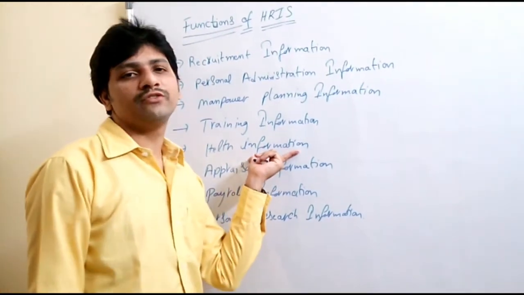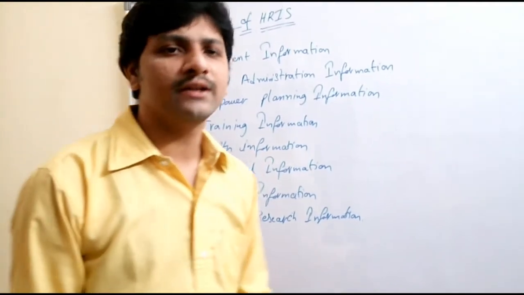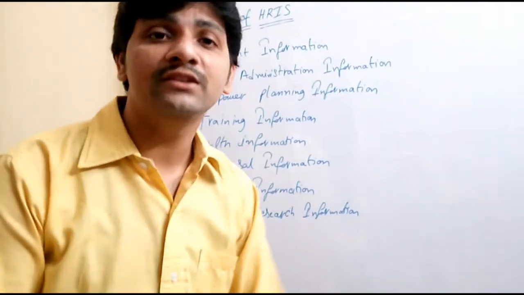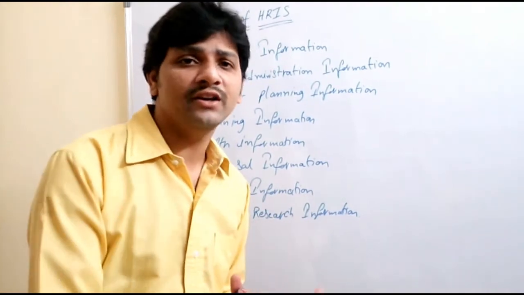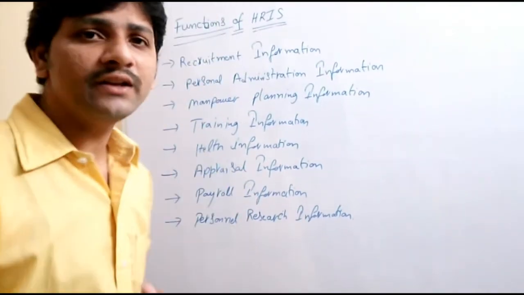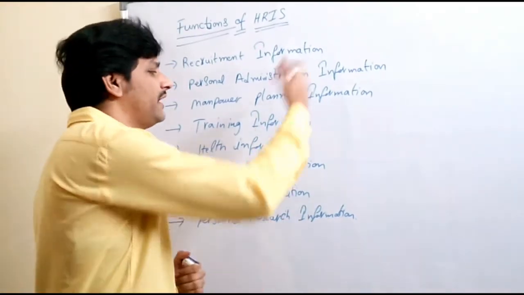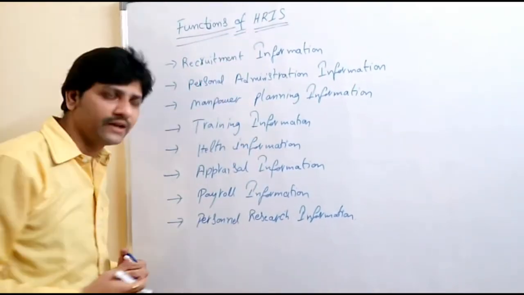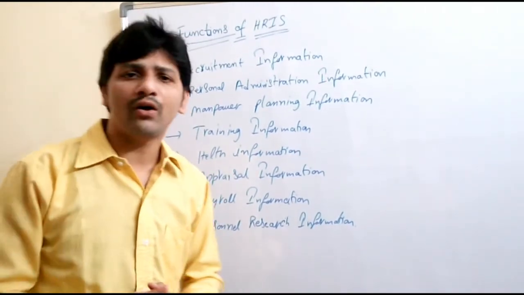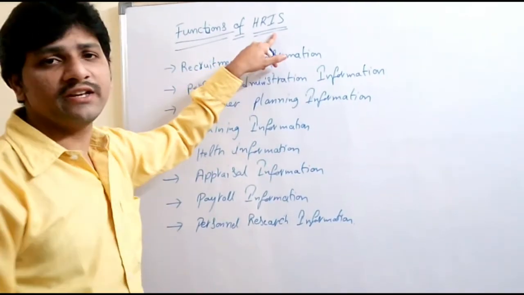Next, health information. Each and every employee in a particular organization maintains some health policies, and health issues will be there. So they are maintaining some health policies. The organization itself is maintaining the health information regarding a particular person in the organization using the HRIS software.